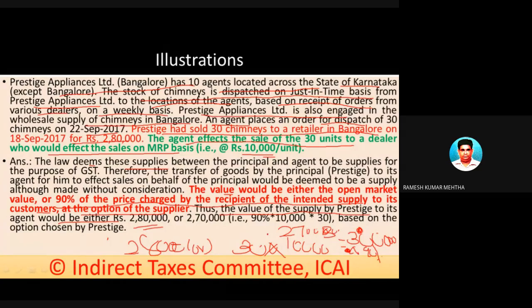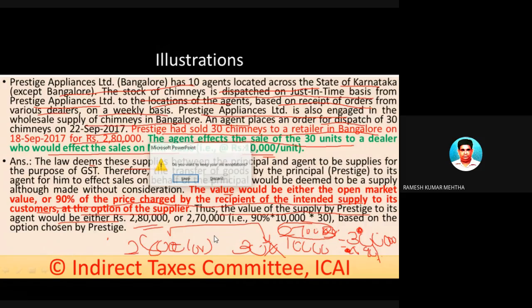Among them, whichever is suitable between the supplier, that is the principal, and the agent, will be taken as the value of the supply. And certainly, to decrease the amount of GST or tax, they will take 2,70,000 as the value of the supply of goods supplied by the principal to the agent.